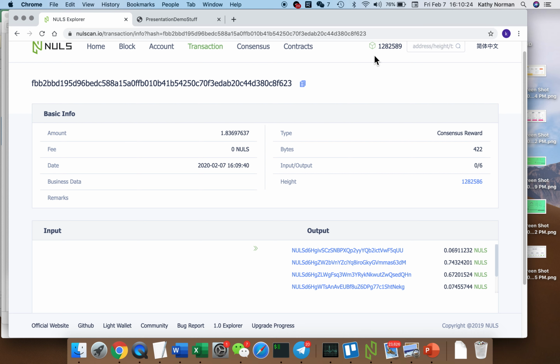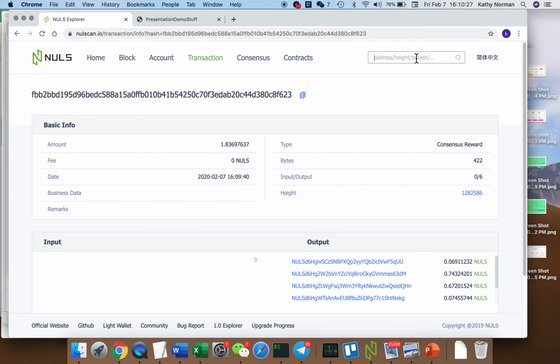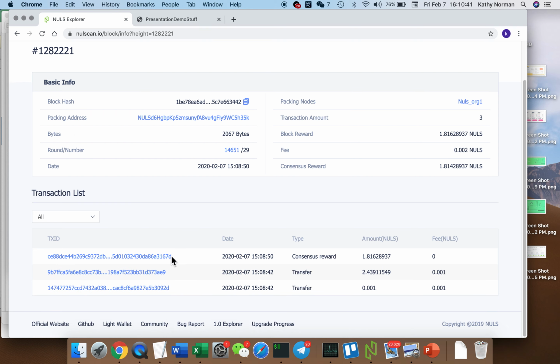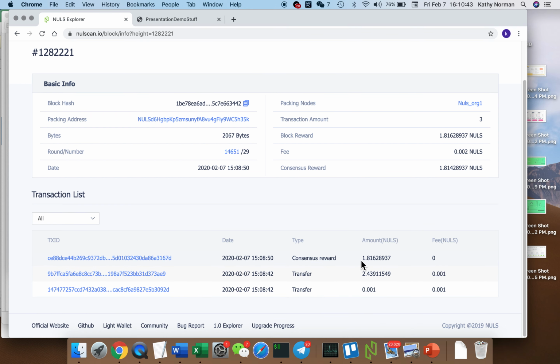Now I'm going to look at one more block so that you can take a look at something else, and that block is 1282221. So here we go, and here's the block 1282221, and notice here the consensus reward is 1.8, and there are 2 transfers that occurred, not for a great number of NULS.